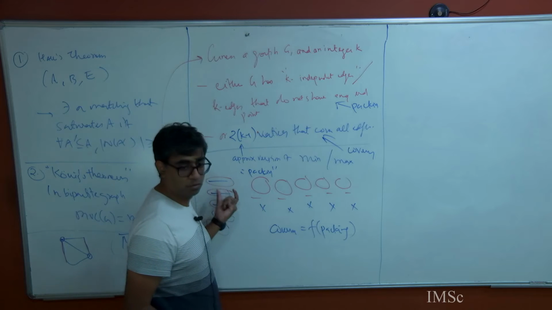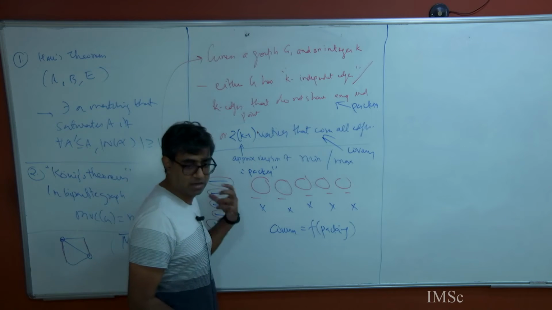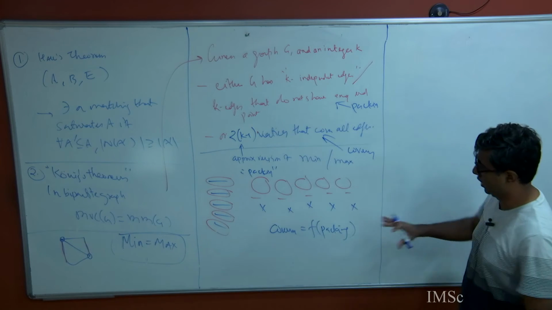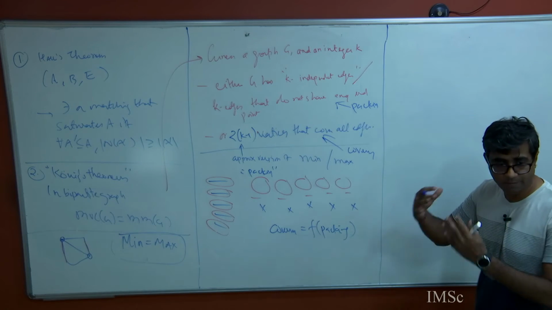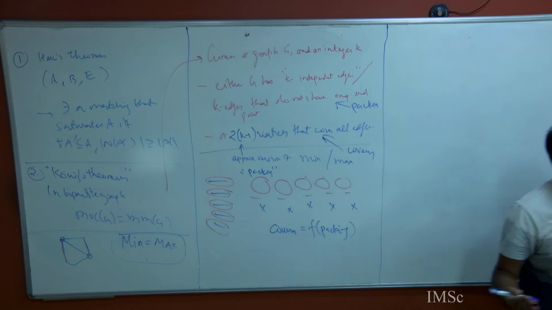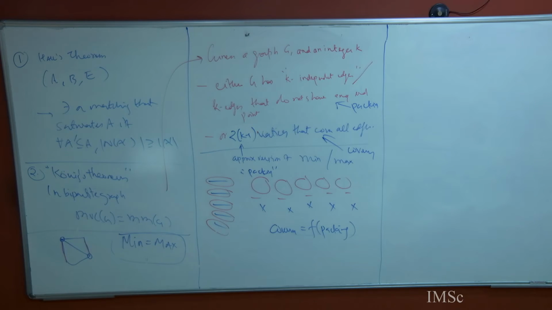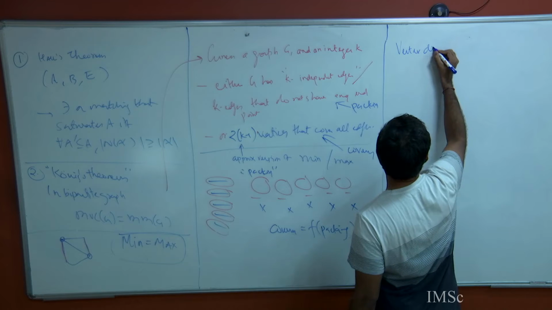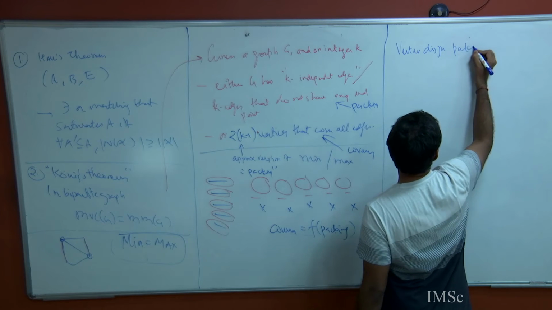Look at edges. I want to pack these edges. So what does packing mean? Packing could mean very different things based on whether it's a vertex disjoint packing, edge disjoint packing, or minor packing. What will a vertex disjoint packing mean?